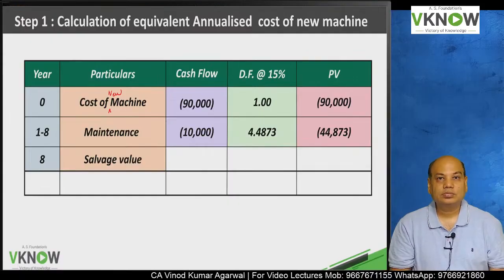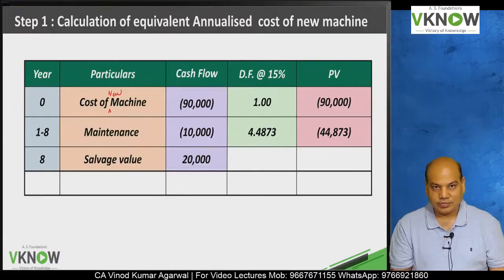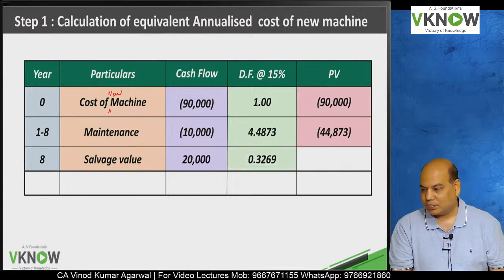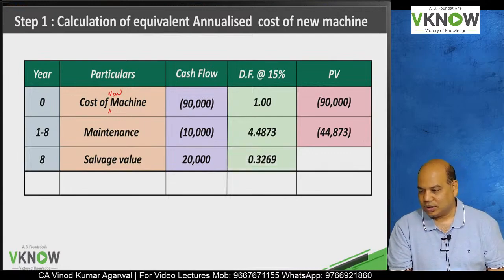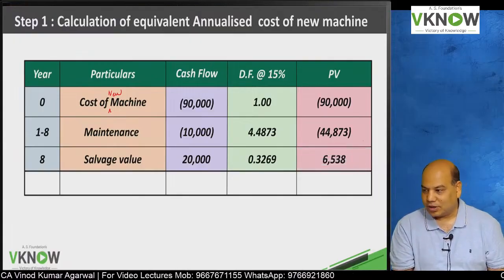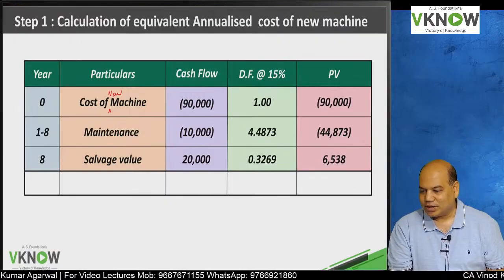Year 8 salvage value 20,000. Factor 0.3269, the 8th year factor given, take it. Multiply, 6538. Can you please tell me the total?